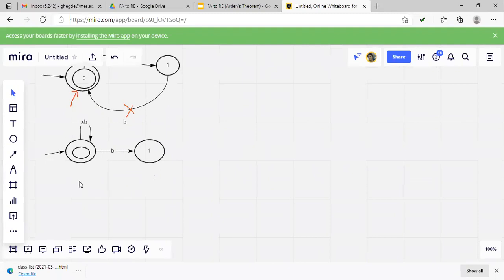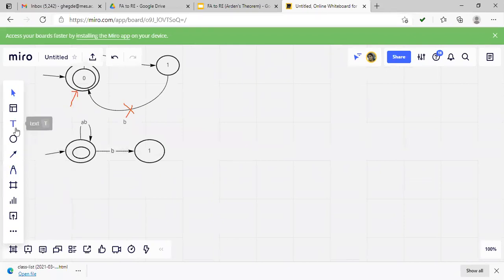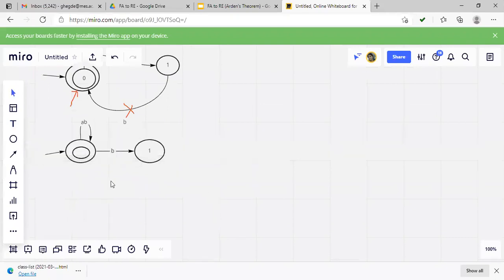So what will be our RE now? Students, can anyone tell me the RE for this? What is the RE?